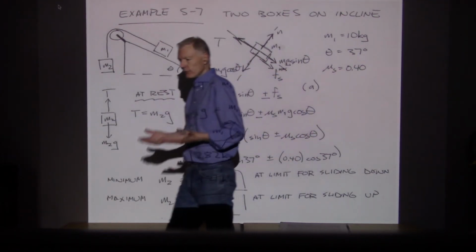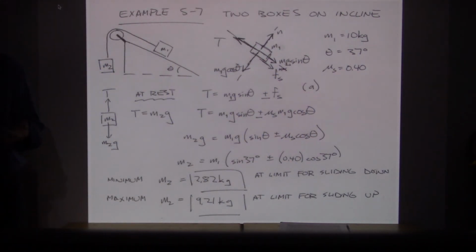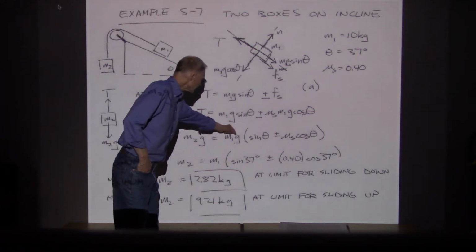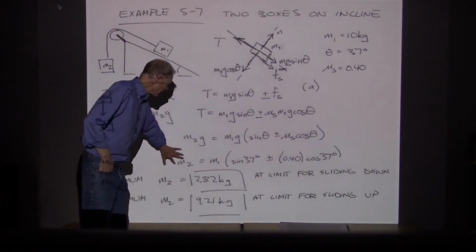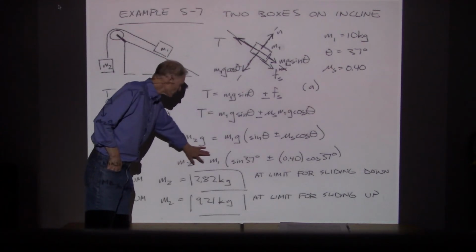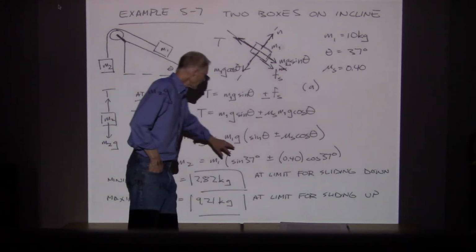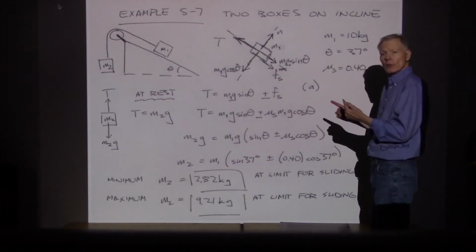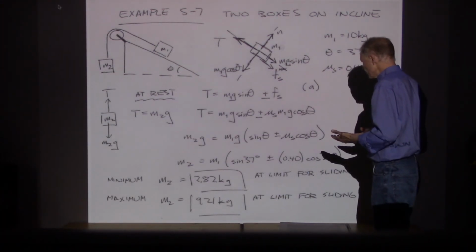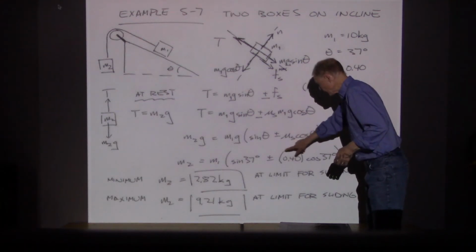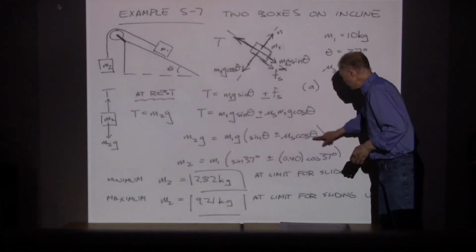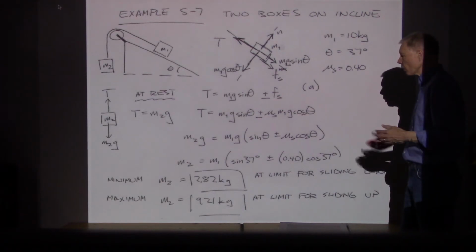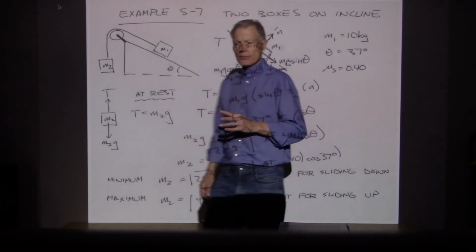I've got forces that are proportional to the gravitational field, and so the gravitational field factor is canceling on these two sides. That means I can solve for M2. M2 is equal to M1 times the sine of the angle, 37 degrees, plus or minus, depending on which direction the friction is in, 0.40 times cosine of 37. So now I can solve for those two possible cases.